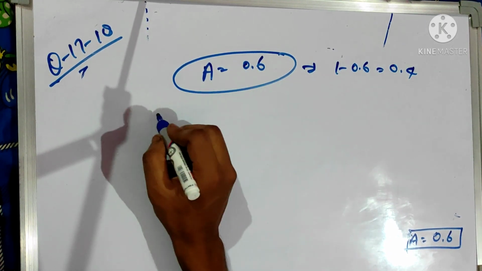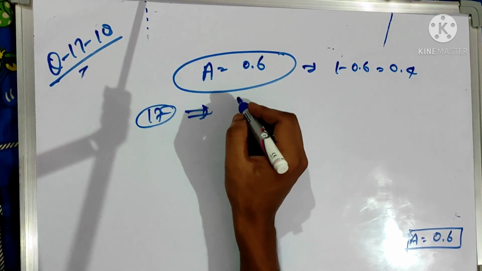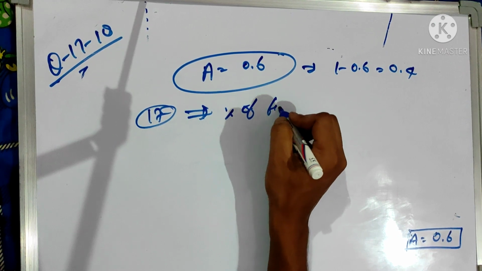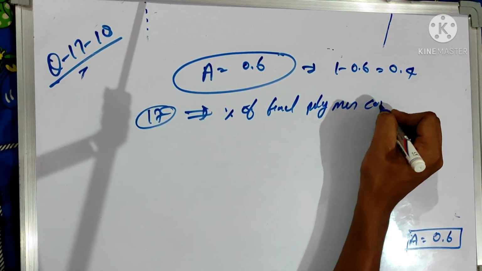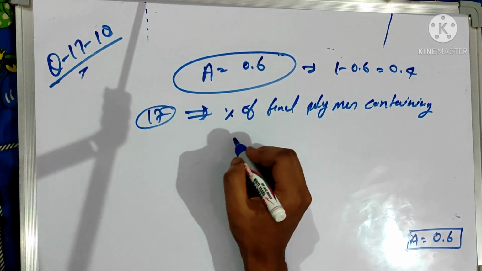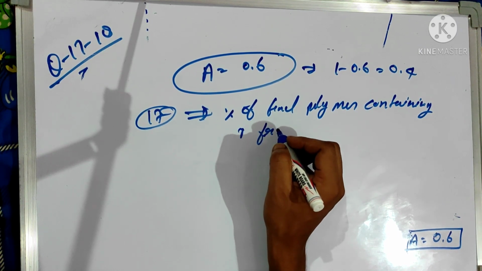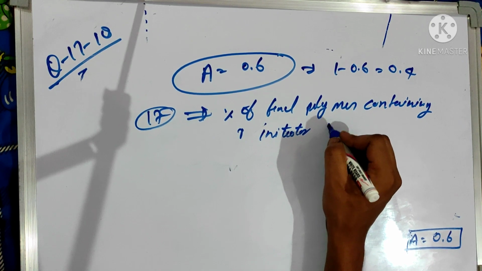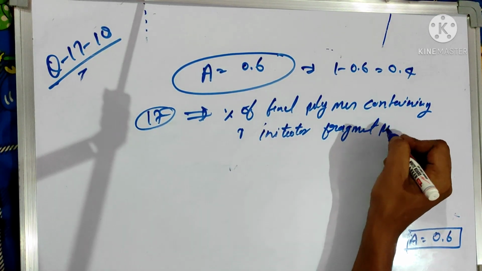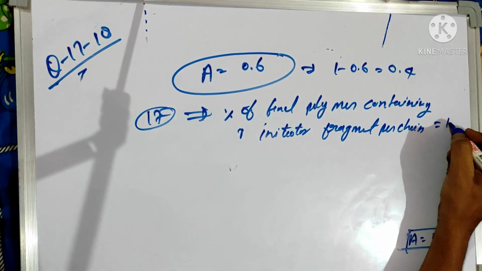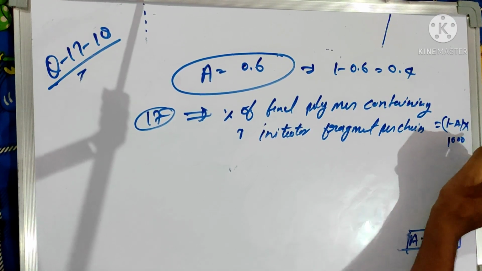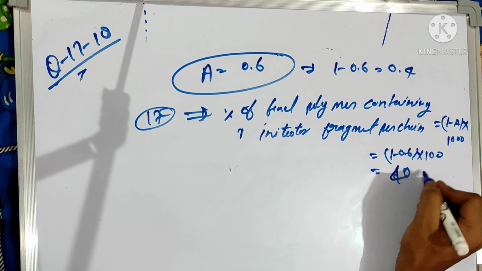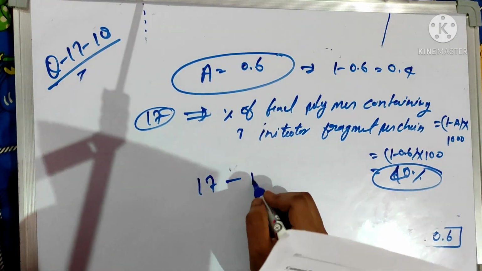So the percentage of final polymer containing one initiator fragment per chain is equal to 1 minus A into 100, which is 1 minus 0.6 into 100, equal to 40%. So in question number 17, option A is correct.